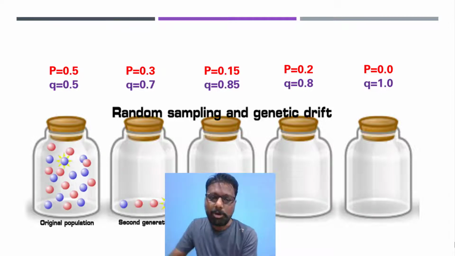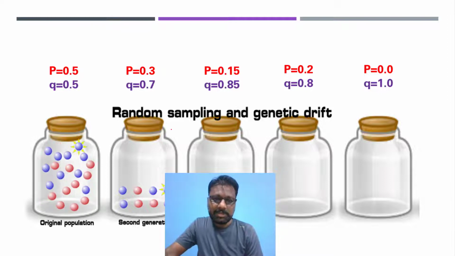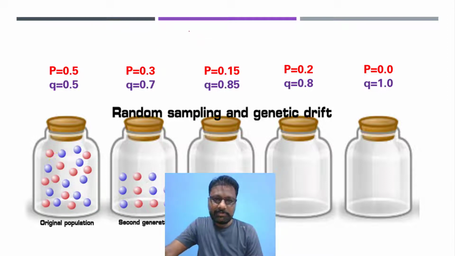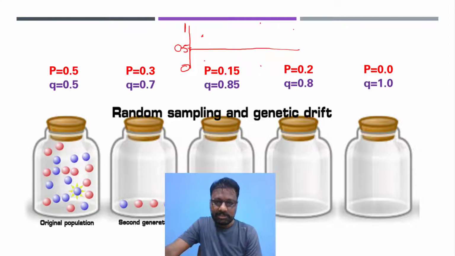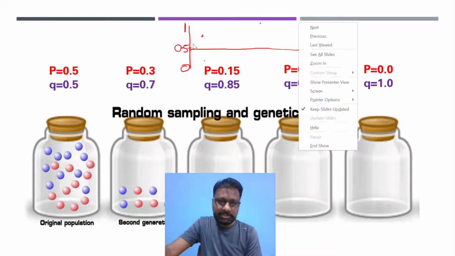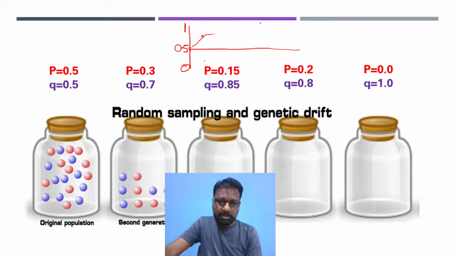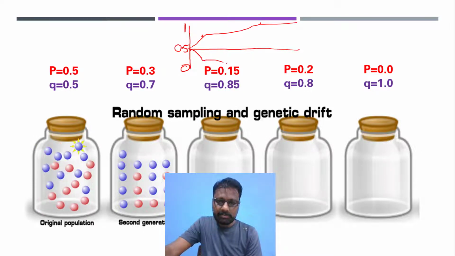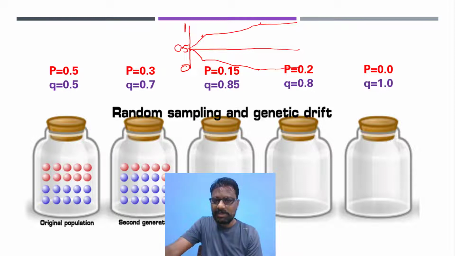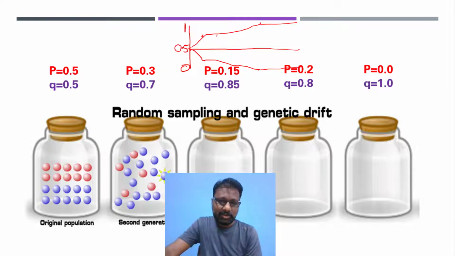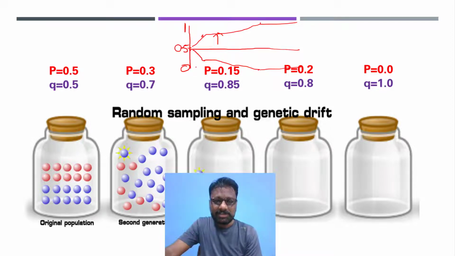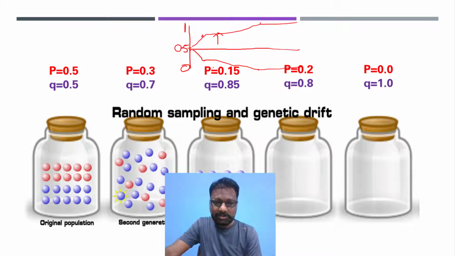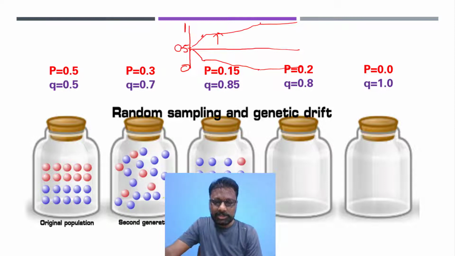If you plot a graph, we see the fifth generation, the q will be like this. You will see a deviation, a drift in the allelic frequency, which is very clearly shown from the original population to the fifth generation.